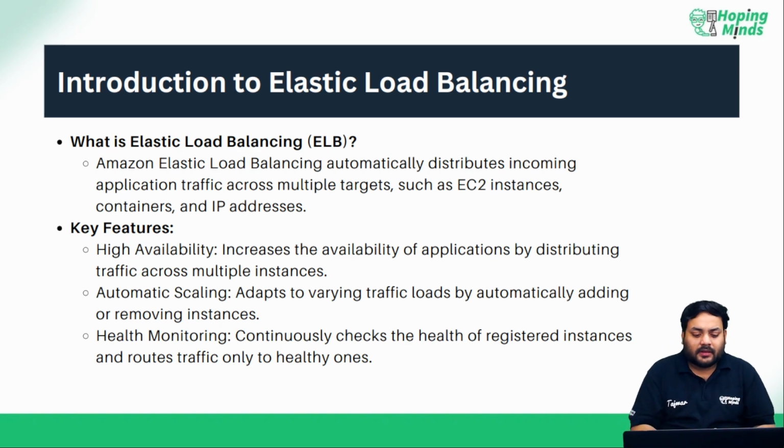Then we have automatic scaling: whenever there is high traffic, it scales automatically based on the varying traffic load. Then we have health monitoring: based on the targets we have, we can monitor the health of our targets or the load balancer we are using.